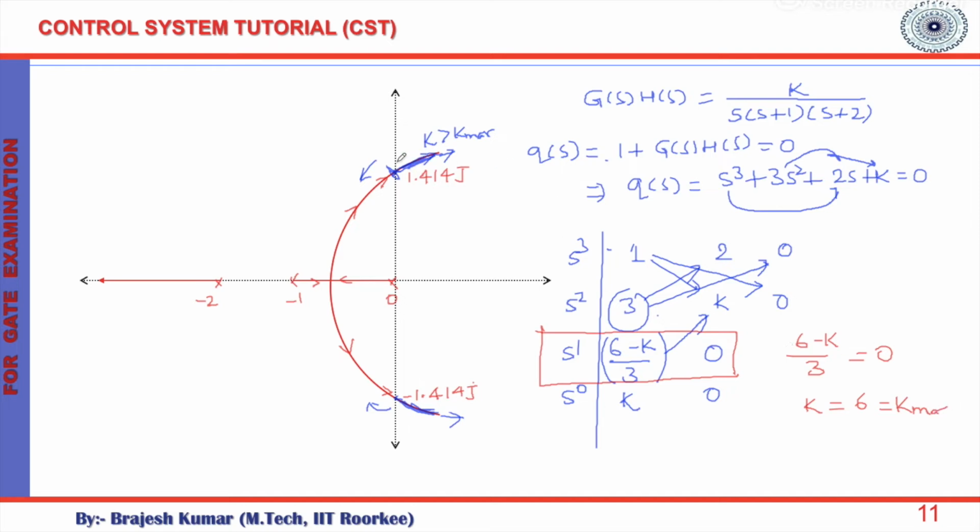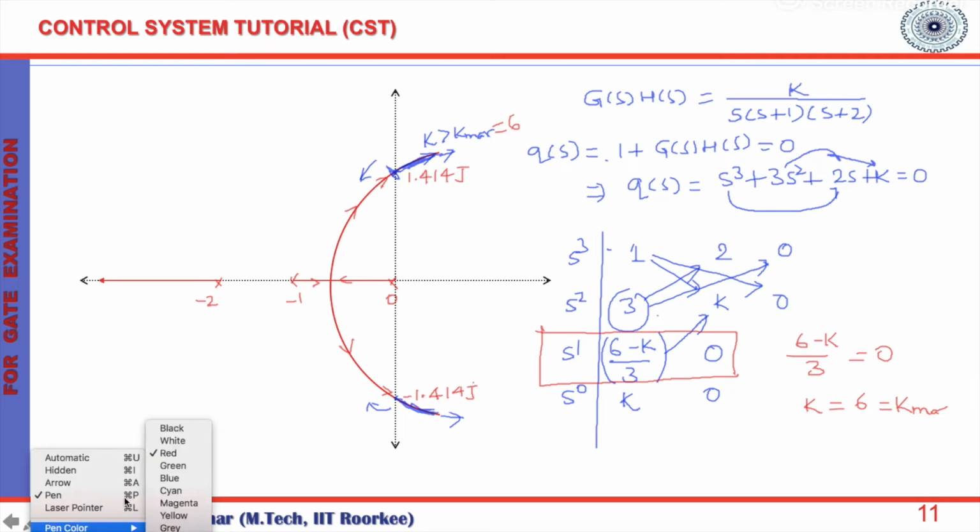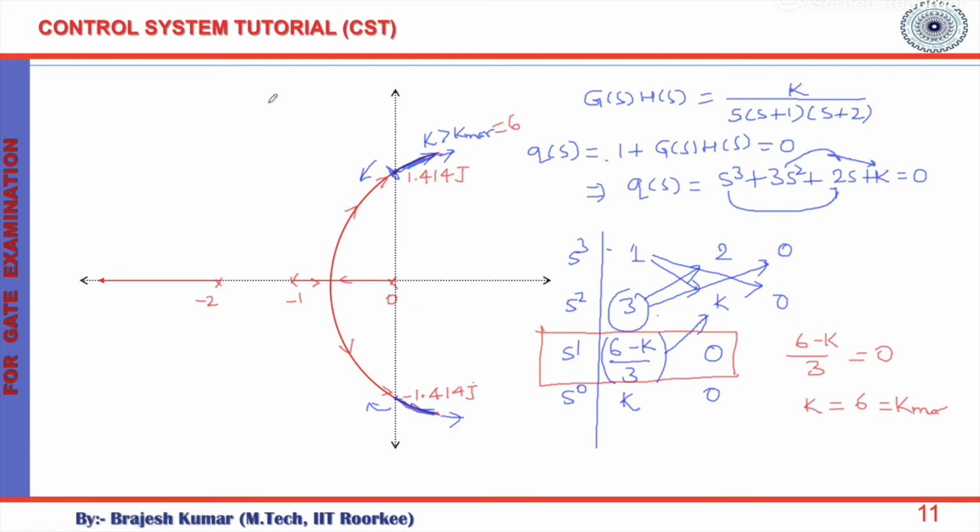So what is the value of K marginal? This will be equal to 6. So the first condition says that the value of K should be greater than 0. Why? Because we are tracing the root locus for K greater than 0 and less than infinity.